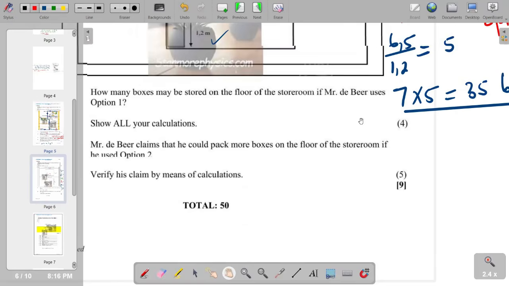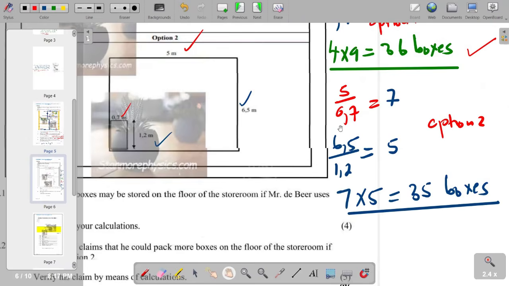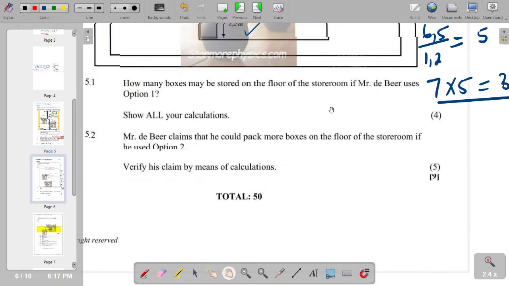Option 2 has fewer boxes, 35, and option 1 has 36. This means the statement is not true. So we give a conclusion that, therefore, the claim is not valid.